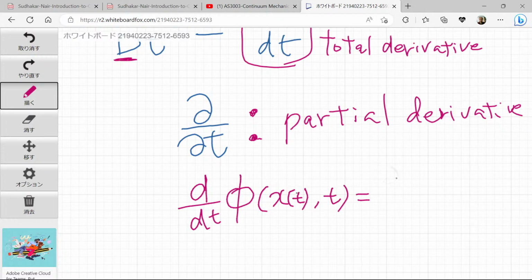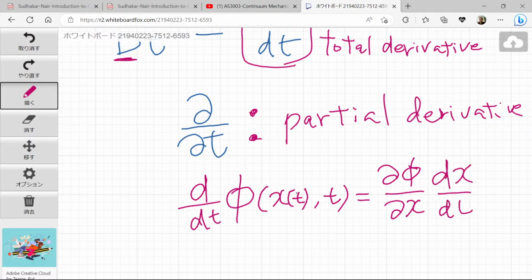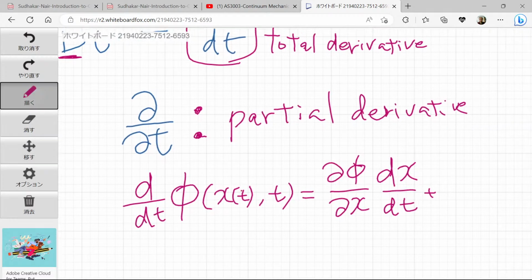You have the partial derivative with respect to x, times the total derivative dx dt, plus the partial derivative of this with respect to t.